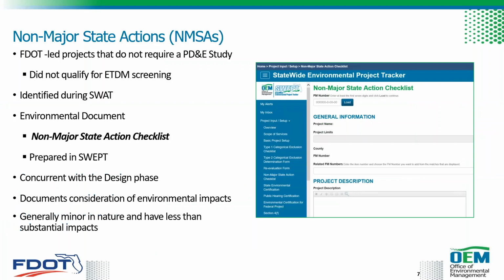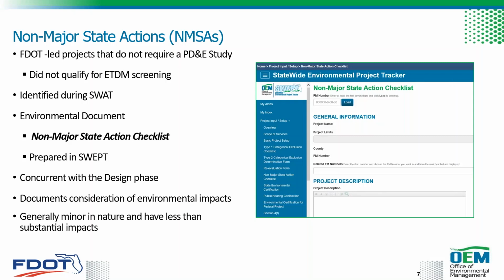As mentioned earlier, these non-major state actions, or NMSAs, are FDOT-led projects that don't qualify for that ETDM screening, and therefore they don't require a PD&E study. Projects that are to proceed as these types of projects are identified during that Statewide Acceleration Transformation process, or SWAT process, that Maria just went over.